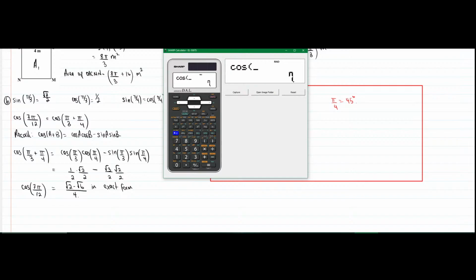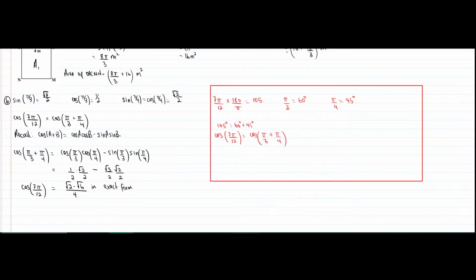Cosine of 7 pi over 12 is negative 0.2588, which is the same thing as the previous answer we got, root 2 minus root 6 divided by 4, negative 0.2588. So you can always double check these on your calculators.